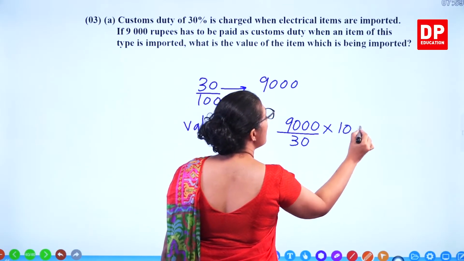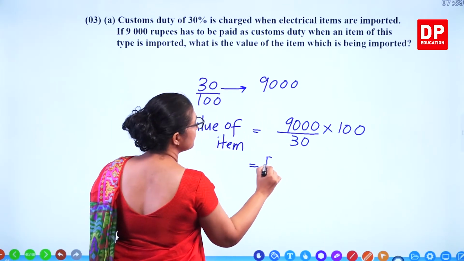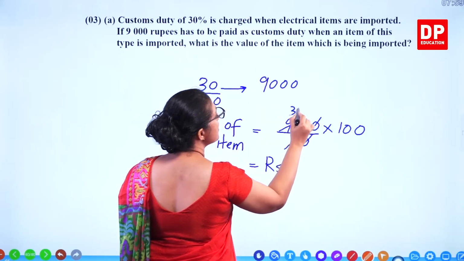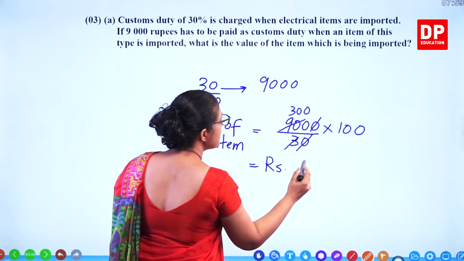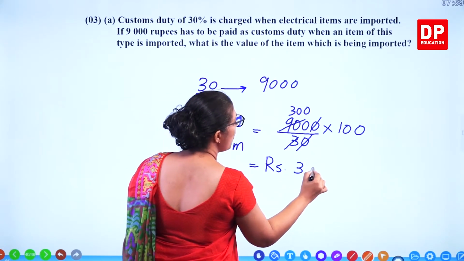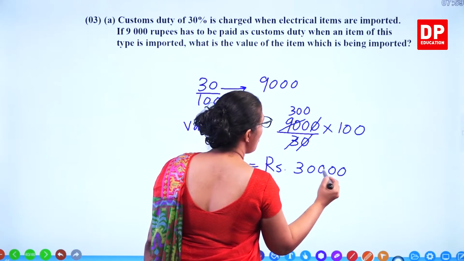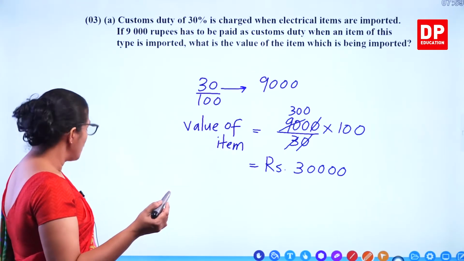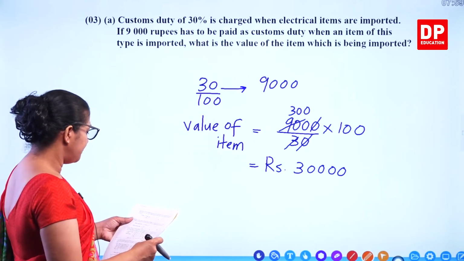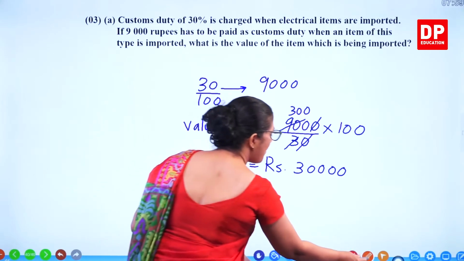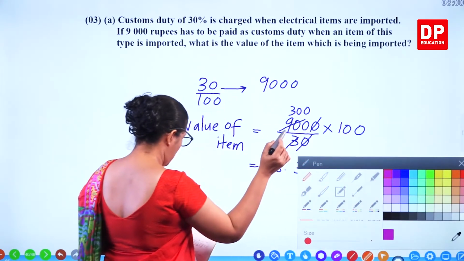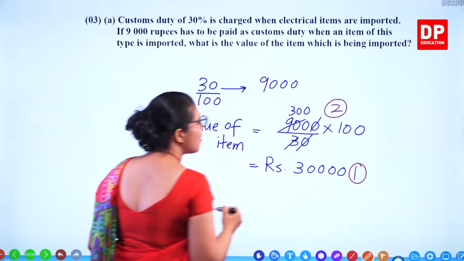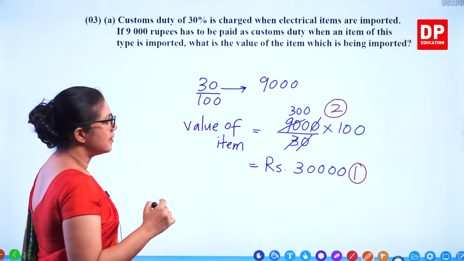Multiply by 100. 0 gets cancelled out. 3 times 300, 300 times 100. 30,000 rupees is the value of the item. So how many marks for this step? 3 marks. So you get 2 marks for this step and 1 mark for the final answer.